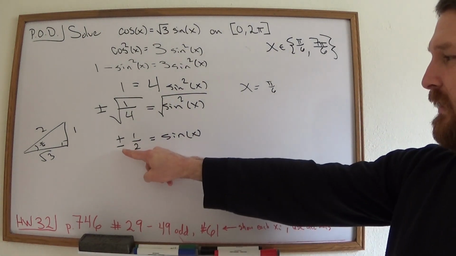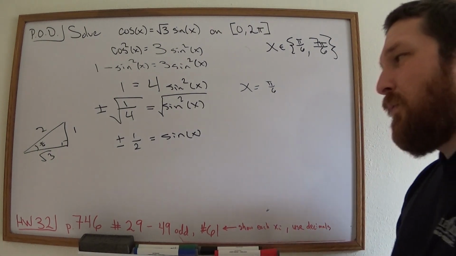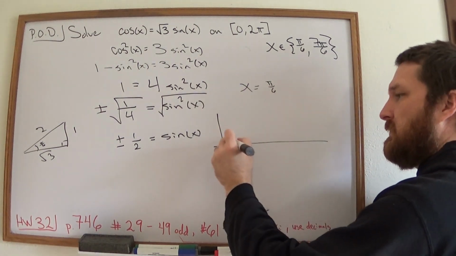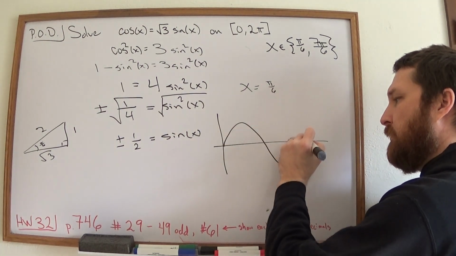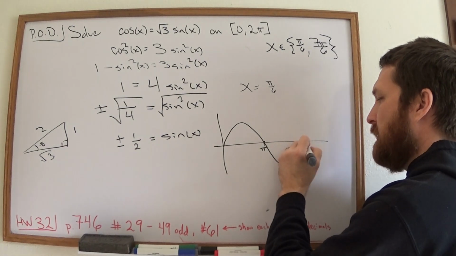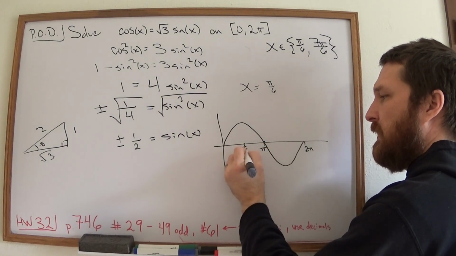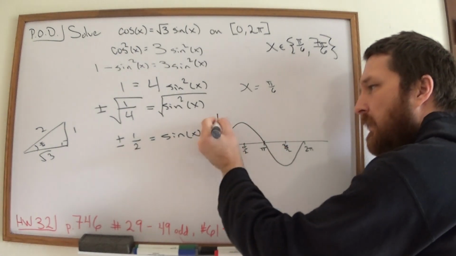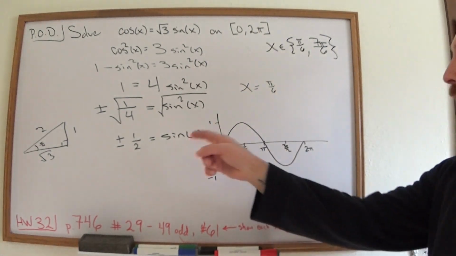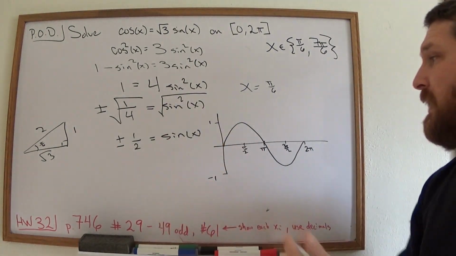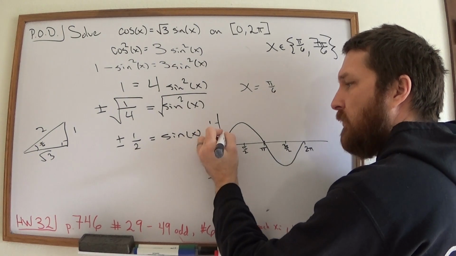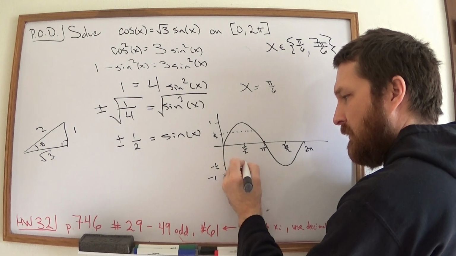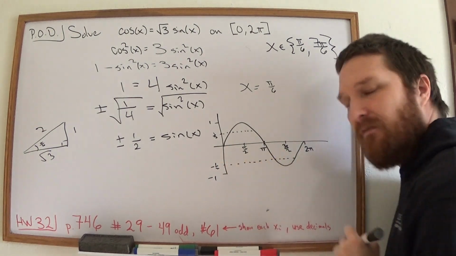But you're also getting this, and if you really think about what's going on, you're saying that sine x, which you know looks like this, it goes boom, boom, boom, it goes here at pi, here at 2 pi, here's pi over 2, here's 3 pi over 2, here's 1, here's negative 1, and you go, well, if sine is equal to plus or minus 1/2, then I have positive 1/2 up here, and I have negative 1/2 down here. So now we're expecting 4 answers.